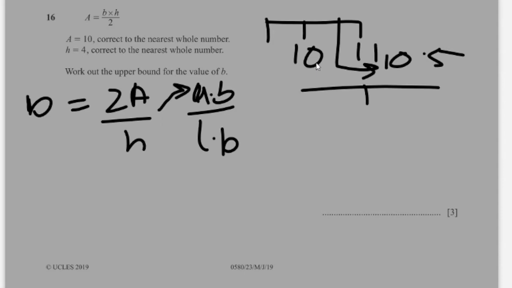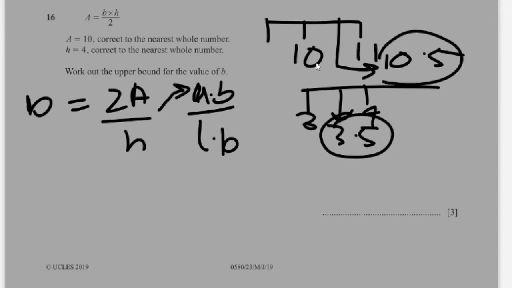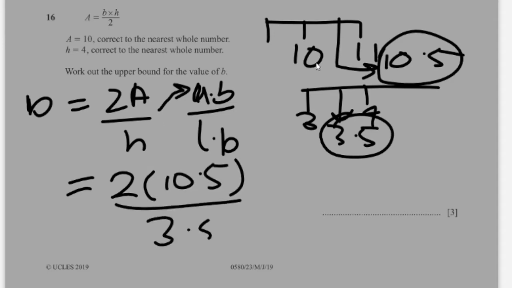And similarly, we have 4 and the previous number is 3, and halfway between these two figures is 3.5. So this is the lower bound for 4 and we have the upper bound for 10. So using the formula and substituting the values of a and h, and calculating this we get the answer as 6.